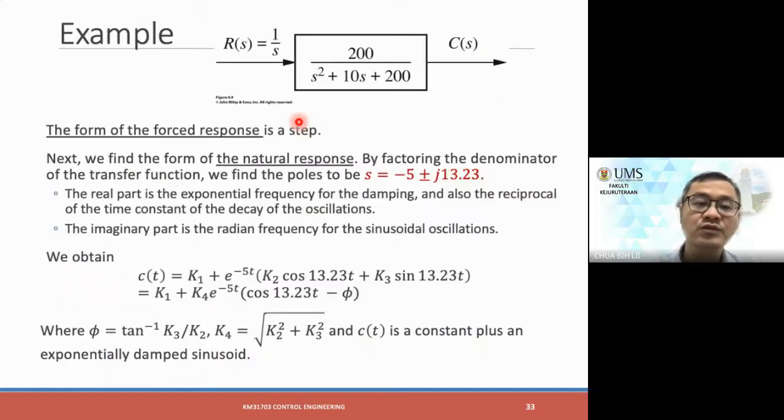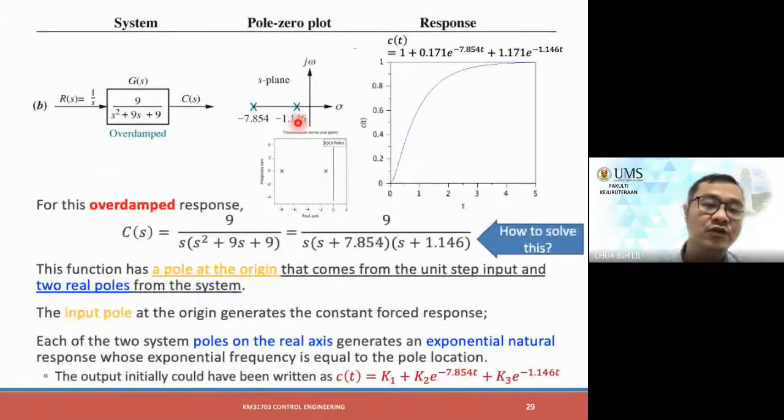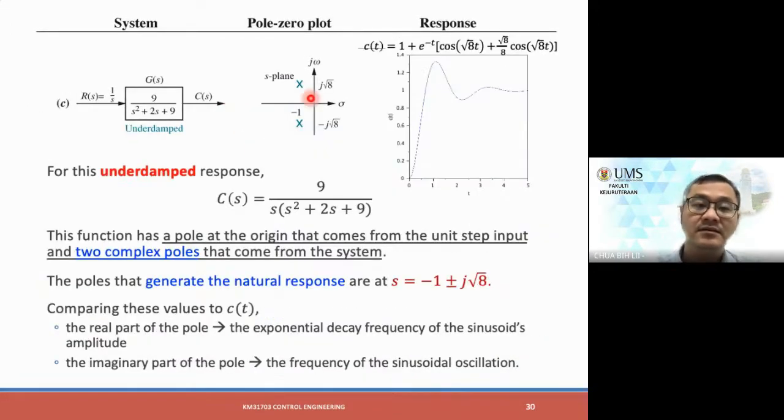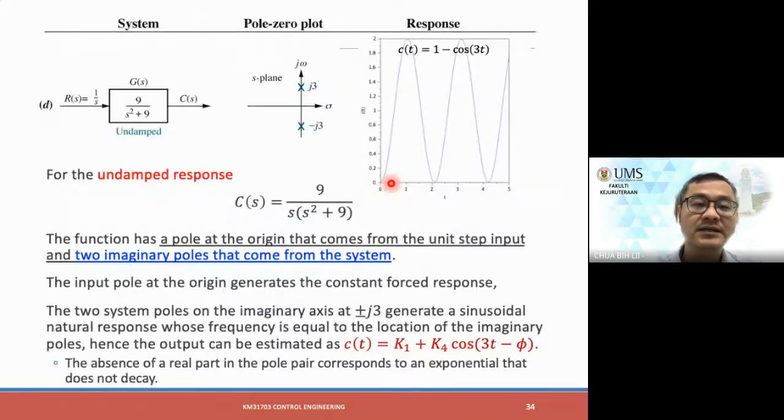So far, what you have seen is that all the roots are on the left-hand side. Now it slowly moves, still on the left-hand side, and on this undamped response it slowly moves to 0, still not to the right-hand side.